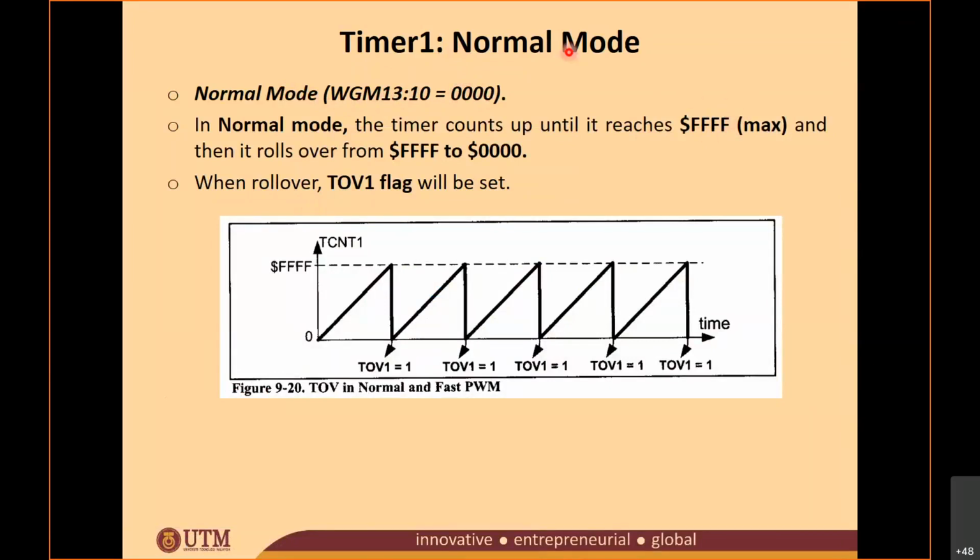And it will roll over from FFFF to 0000. Whenever it rolls over and the overflow occurs, the TOV1 flag will be set. Then you're going to reset it back, so that your TOV1 equals zero, and then you keep monitoring.